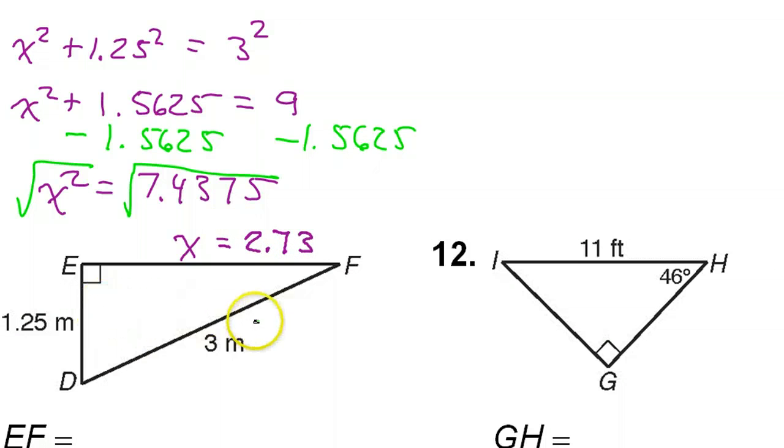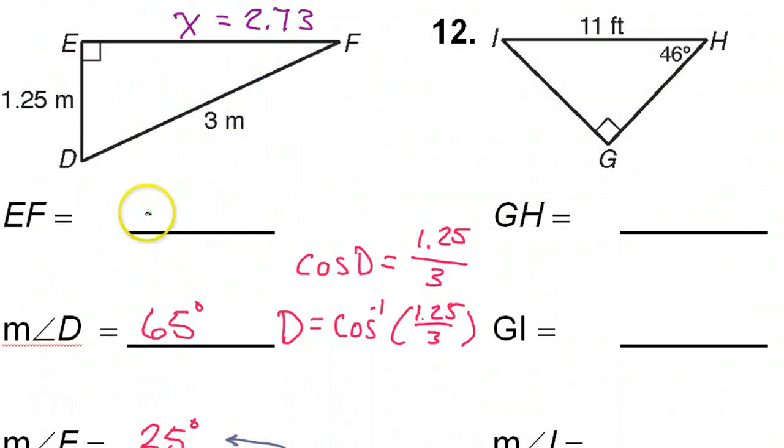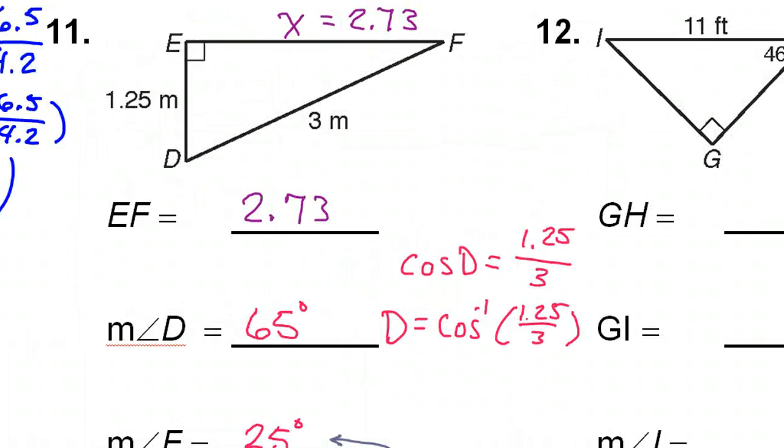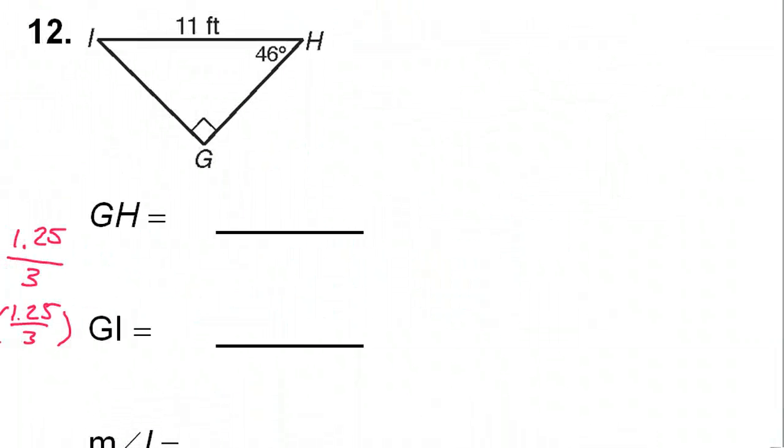So that is EF, 2.73. All right, excellent. So that was number 11. Let's go ahead and knock out number 12.